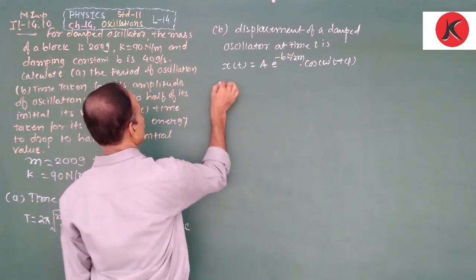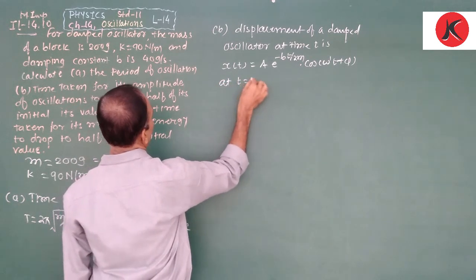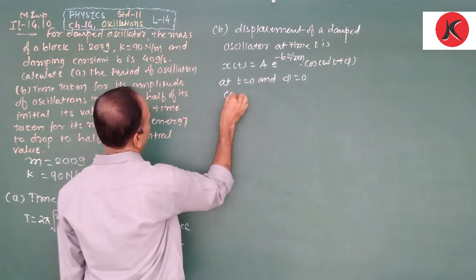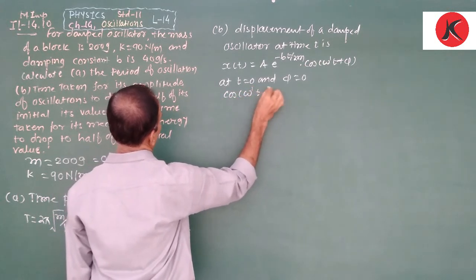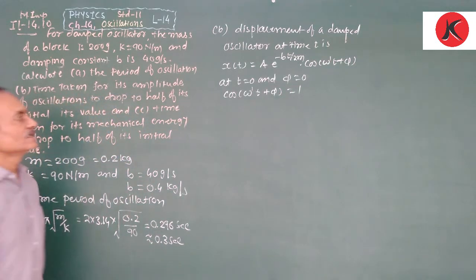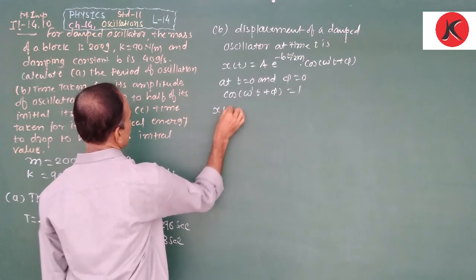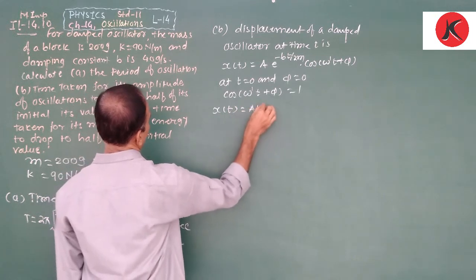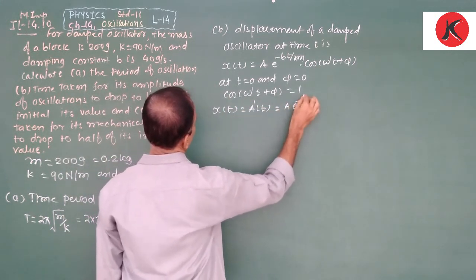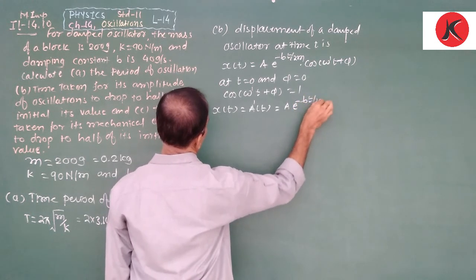Now at time t equal to 0 and initial phase phi equal to 0, cos(omega dash t plus phi) is equal to 1. Therefore, the amplitude at time t is A e to the power minus bt upon 2m.